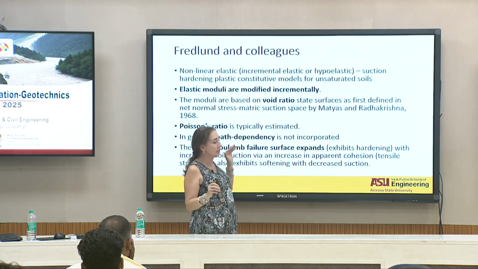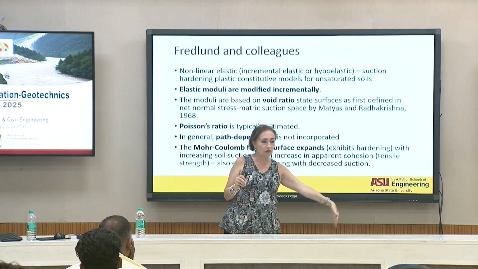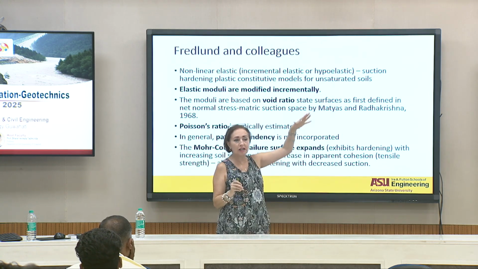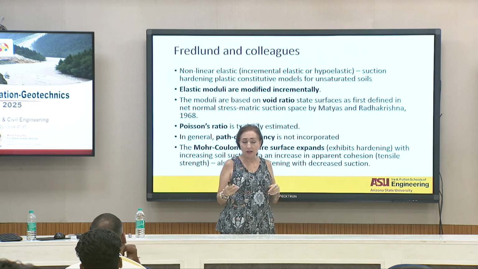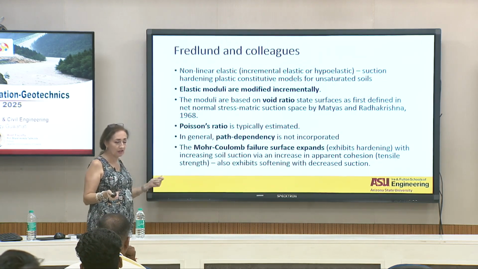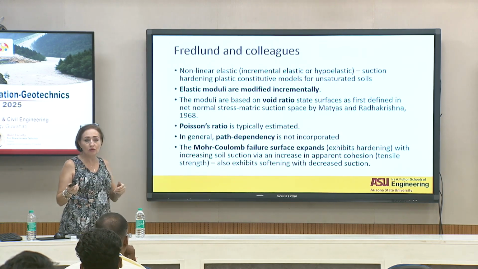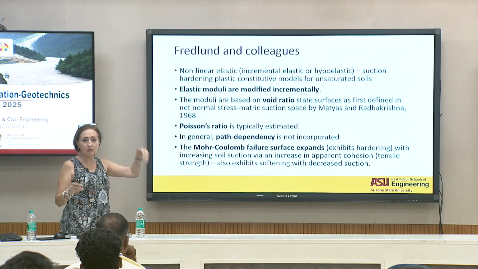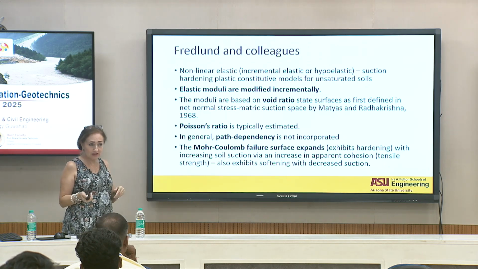So eventually all of them will just go to a point where it falls off, and obviously hardening behavior will not be there anymore. But for the range of suction that we're working in our soils, unless we are on the moon or in some desert, we're not going to have that falling down, right?